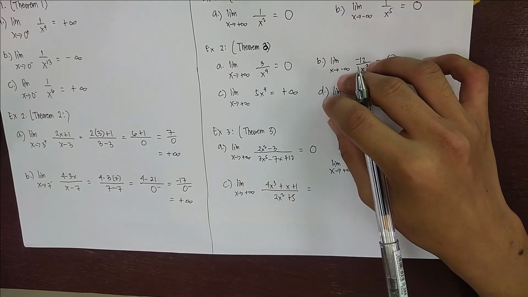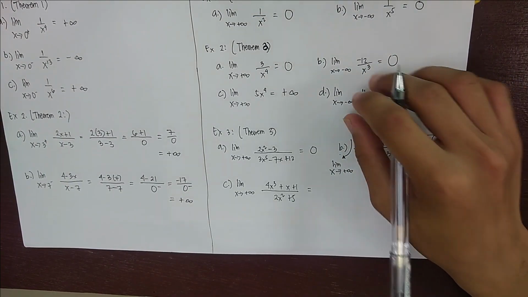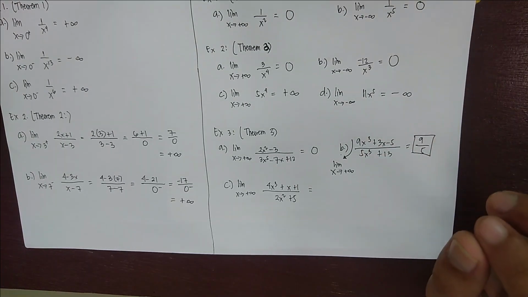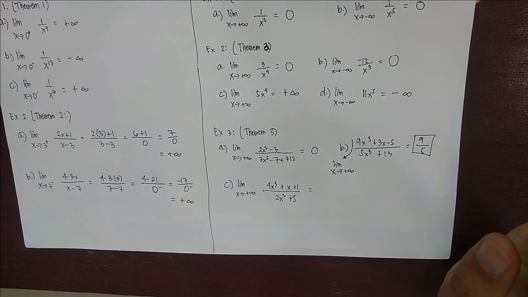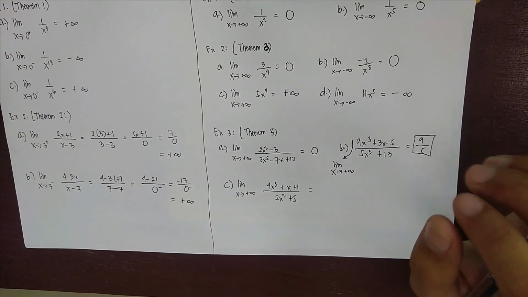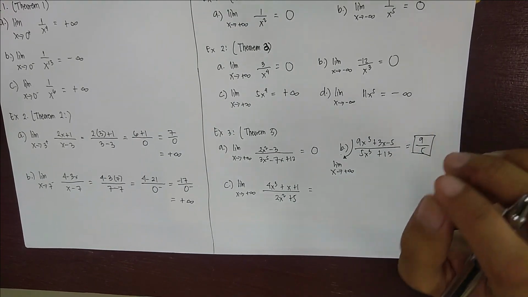Here, if the degree of f of x is greater than the degree of g of x, our answer is either positive or negative infinity: if x approaches positive infinity, our answer is positive infinity, and if x approaches negative infinity, our answer is negative infinity.